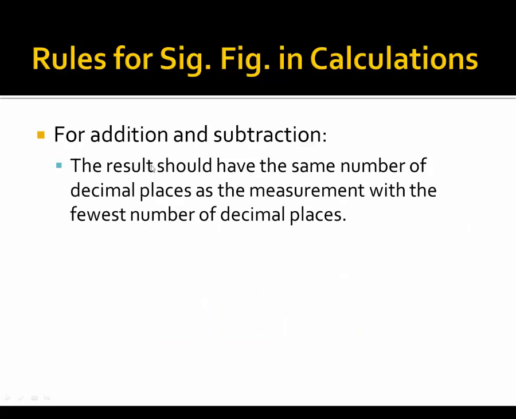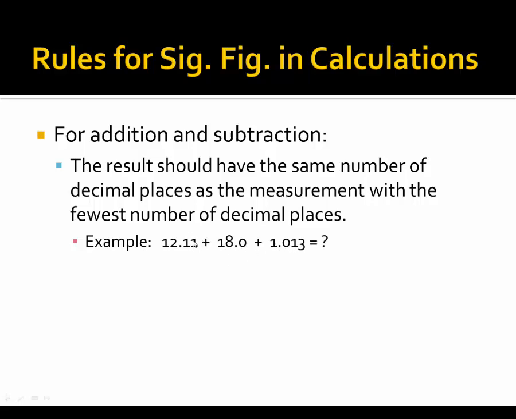For addition and subtraction, it's a little bit different. The result should have the same number of decimal places as the measurement with the fewest decimal places that was given. For example, if we have measurements, again simplified with no units, just so we can concentrate on the numbers, but imagine that they do have units. Here we have addition of three numbers, each with varied amounts of decimal places.